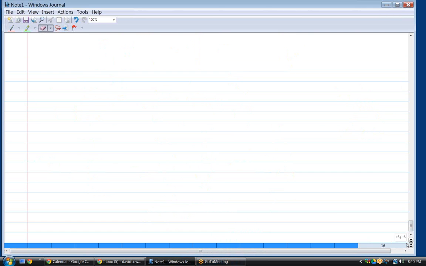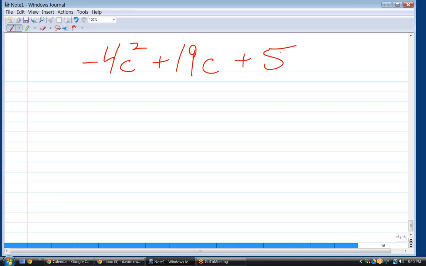Another one. Okay, -4c squared plus 19c plus 5. First step? Is to see if they go into each other, which they don't. Right. So there's no greatest common factor, but there is a problem. We got a negative sign there.